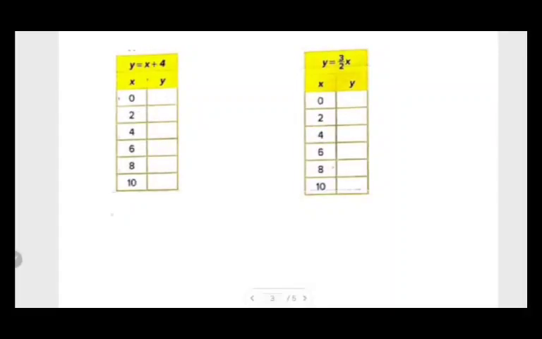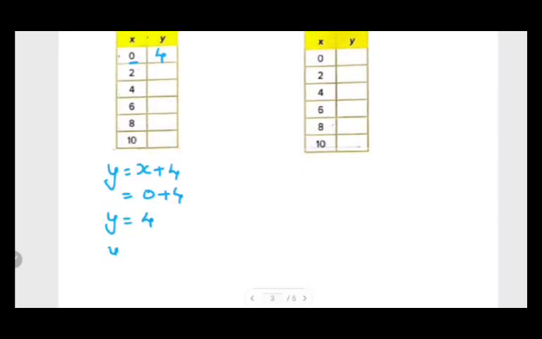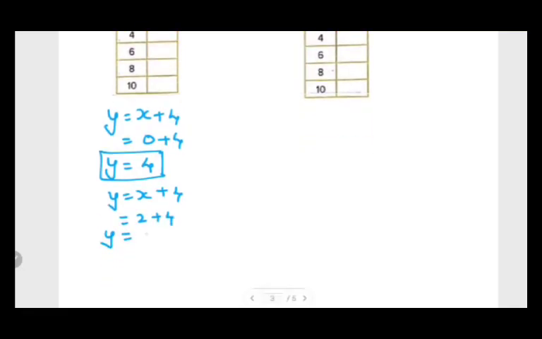Okay, so y is equal to x plus 4. So when x is 0, 0 plus 4, y will be 4. Alright, so here's my first coordinate. Y is equal to x plus 4. So when x is 2, y is going to be 6.